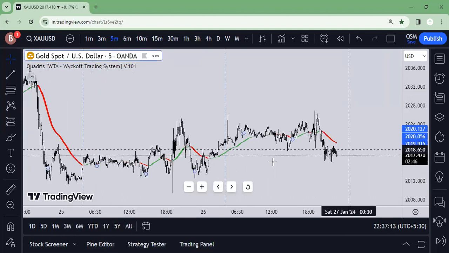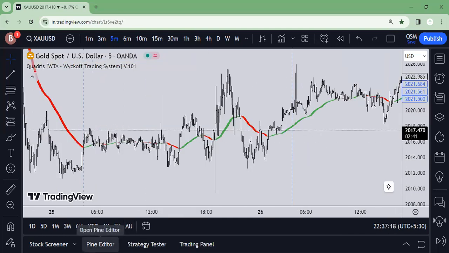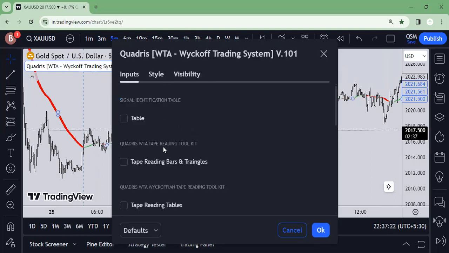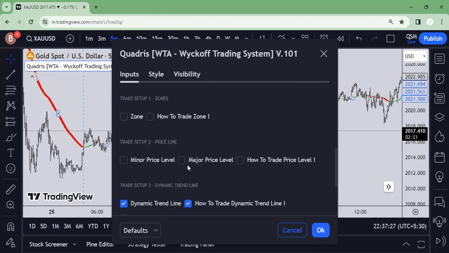So here also in dynamic trend lines, you have to trade based on first pullback. It is as good as same as price level.